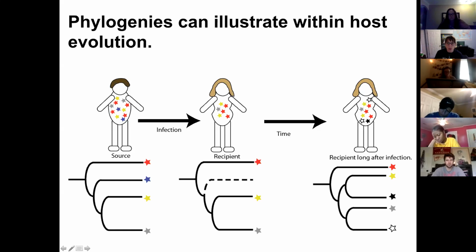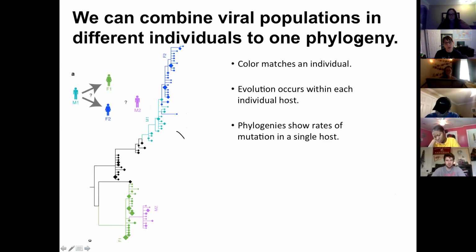Okay, so we do get variation within a host, we've seen that, but we also get within population variation. So this is combining individual hosts. All the colors coordinate to an individual, but this is a whole population, right?